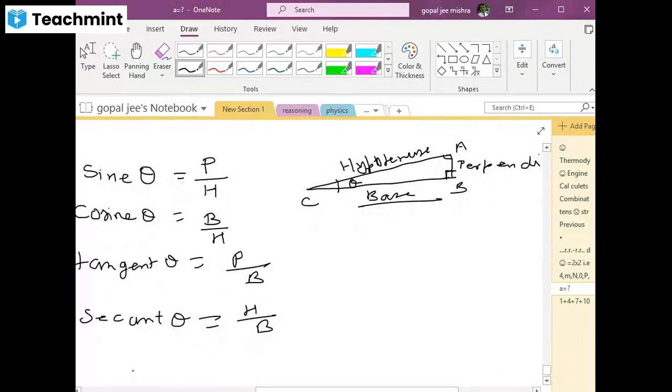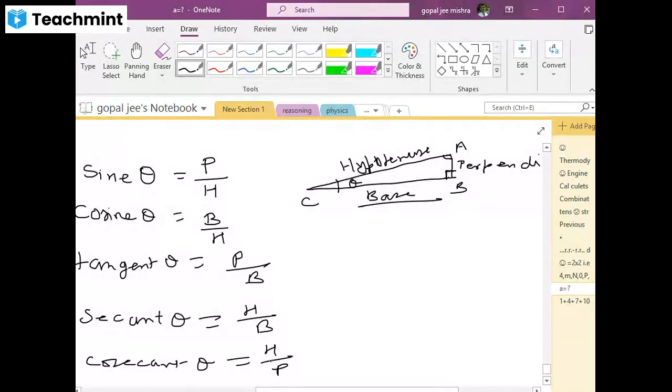And the inverse of sine theta is cosecant theta, and that is hypotenuse upon perpendicular.